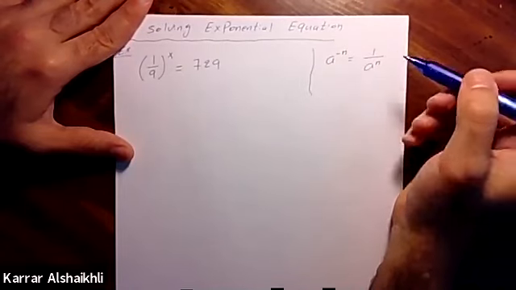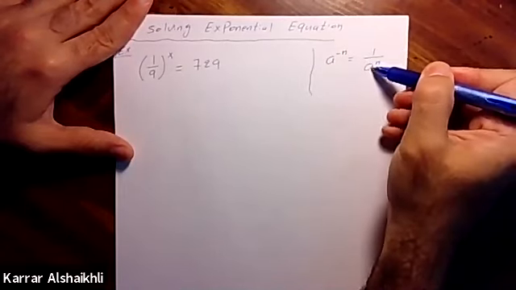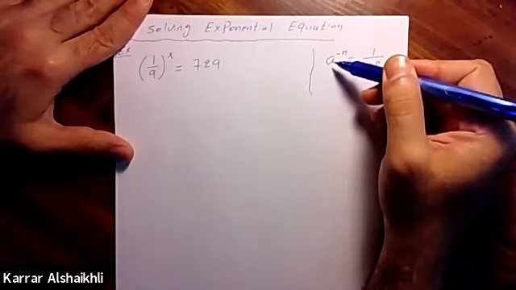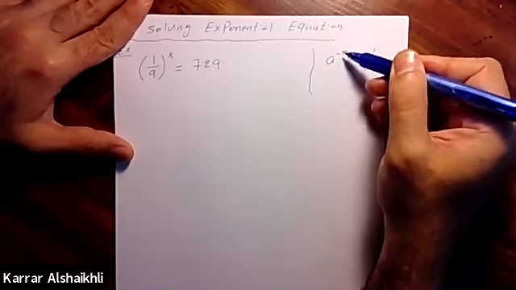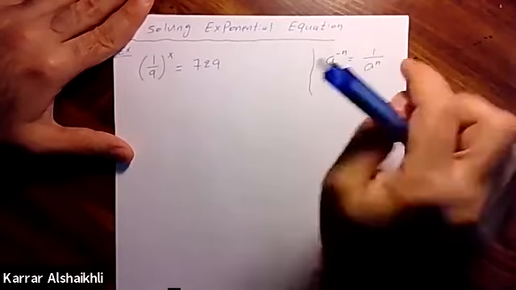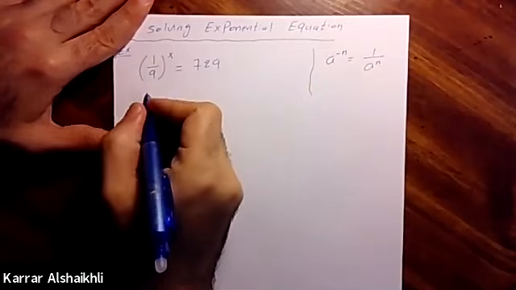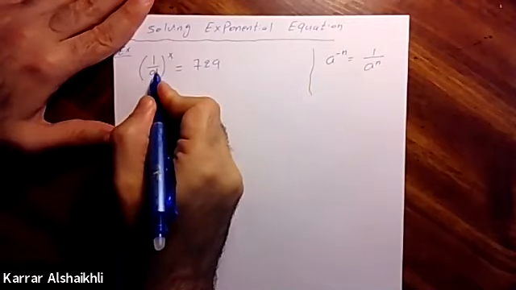So it's the same thing. If you have 1 over the number with positive exponents, I can rewrite it again as a number with negative exponents. I'm going to use this rule here. 1/9, I'm going to write the positive exponent here, which is 1.